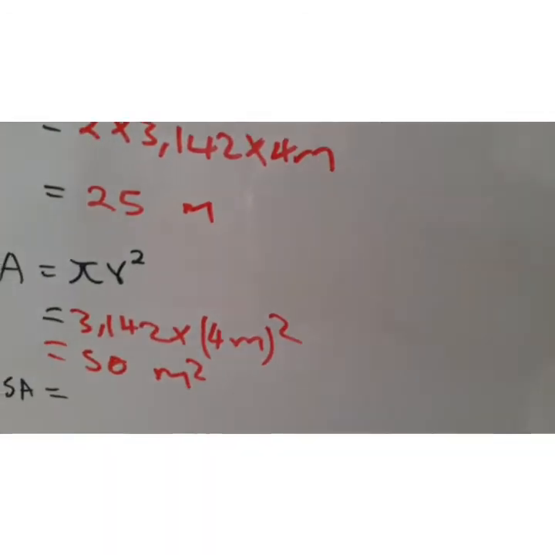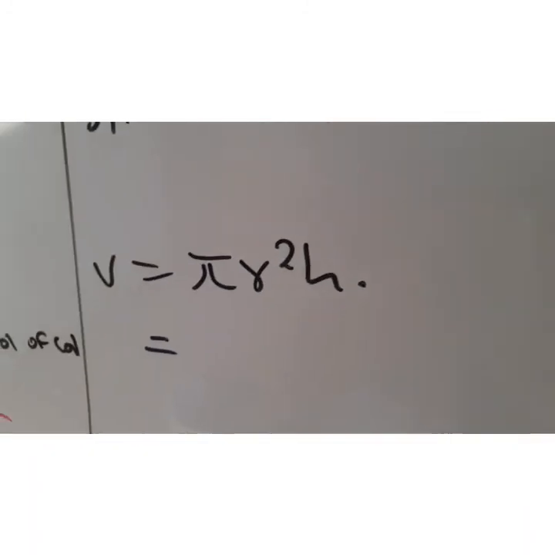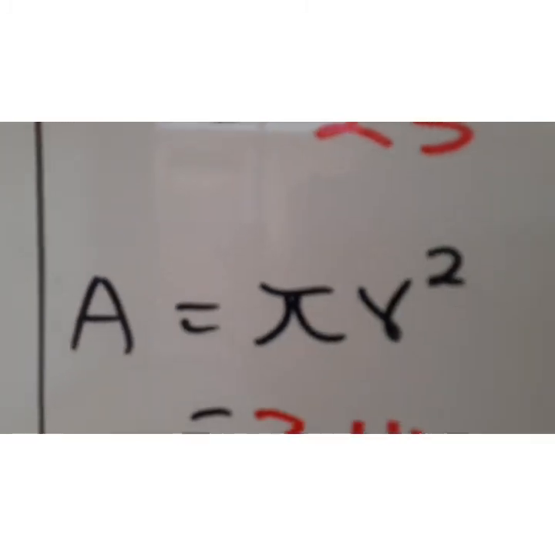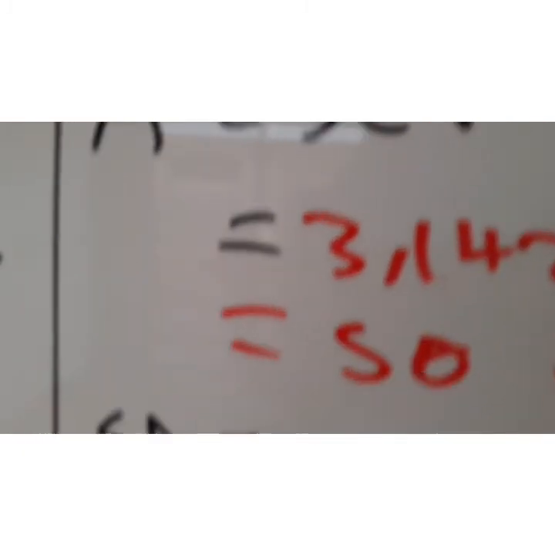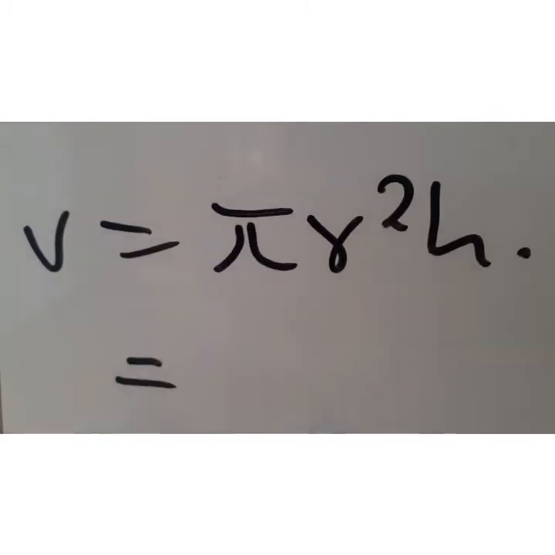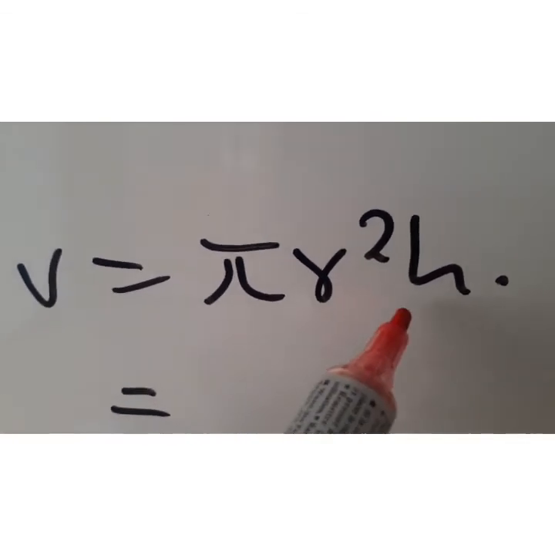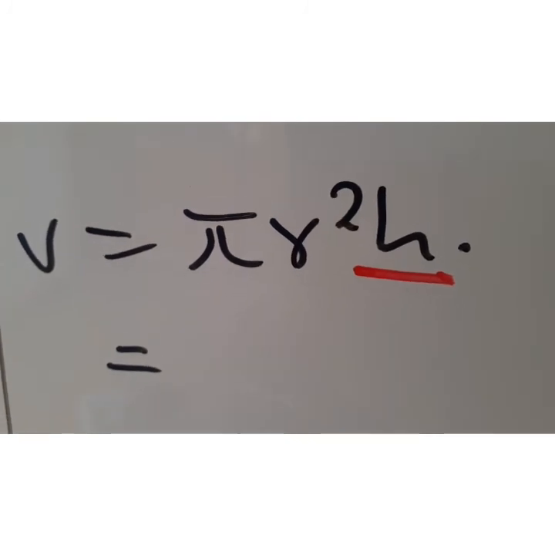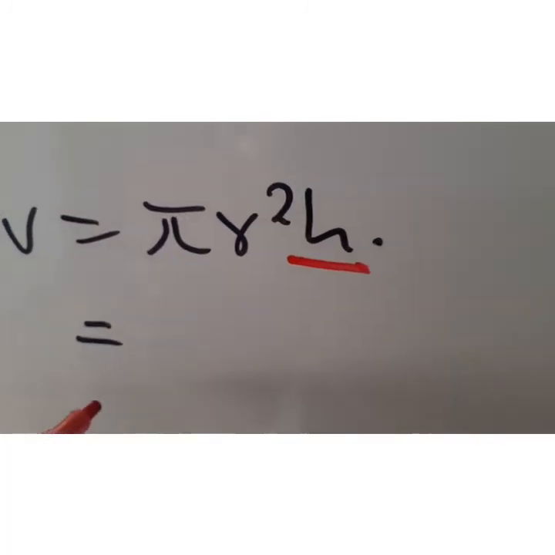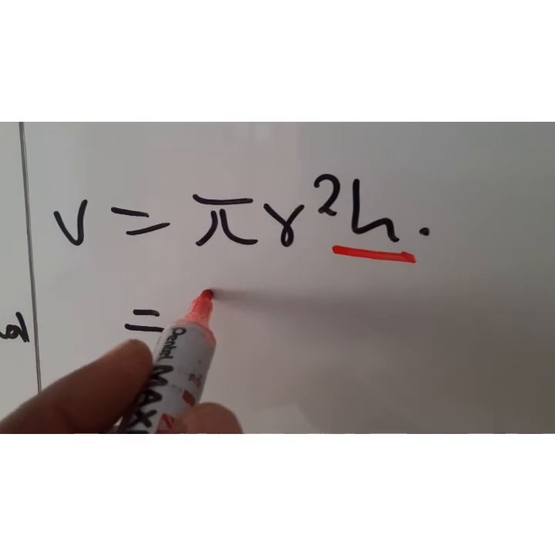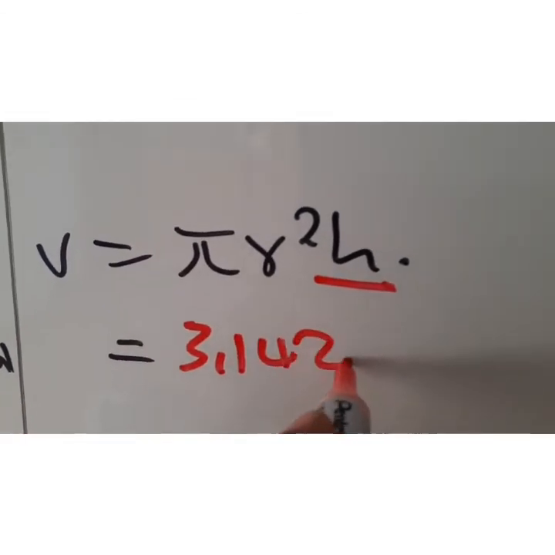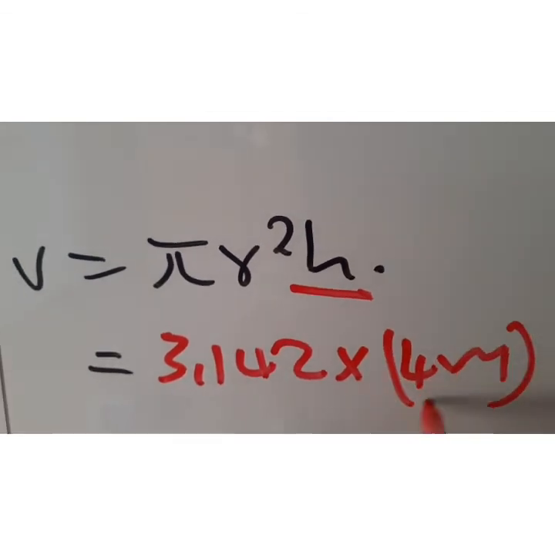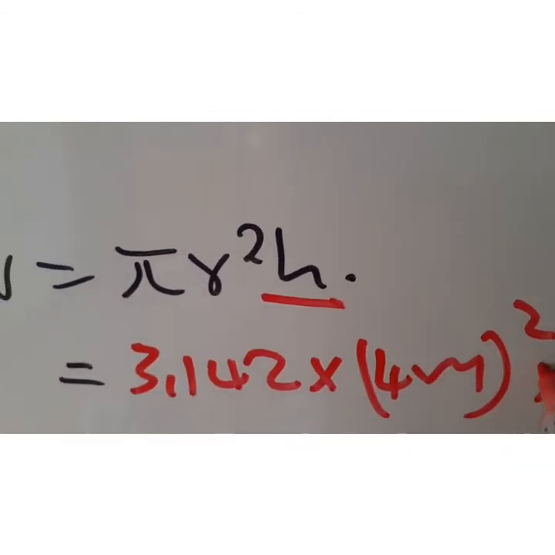I'm gonna show you the volume. Like I've explained, you take your area, you add the 3rd dimension to it. There's my area. I add the 3rd dimension, which is h. Then I get my volume, which is pi r squared h. Remember, this remains as 3,142 multiplied by my r, which is 4 meter squared, multiplied by my h.